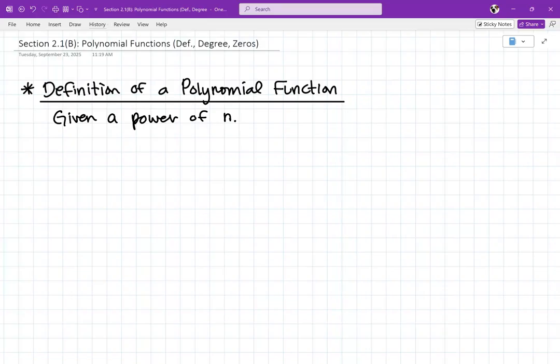So whatever it happens to be, it's going to be the nth power. n must be positive, okay, so it's got to be positive, and a whole number.